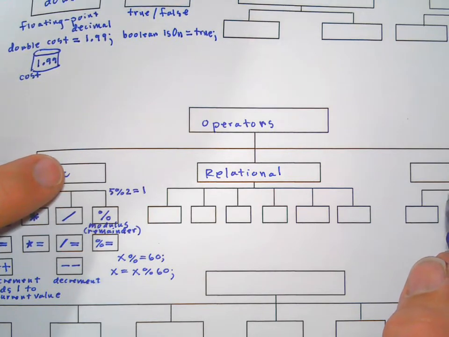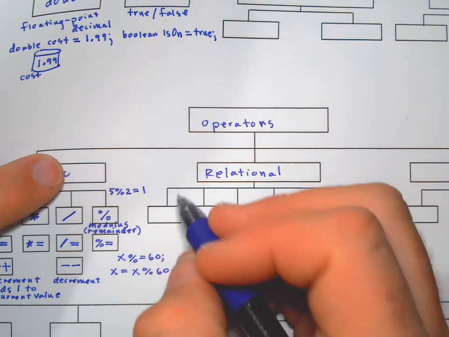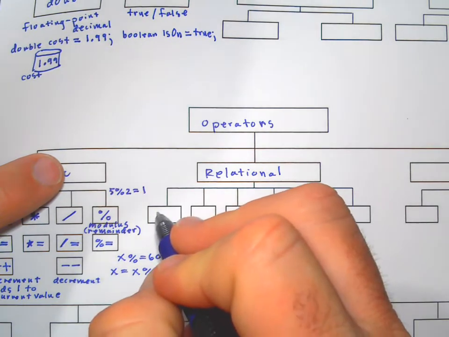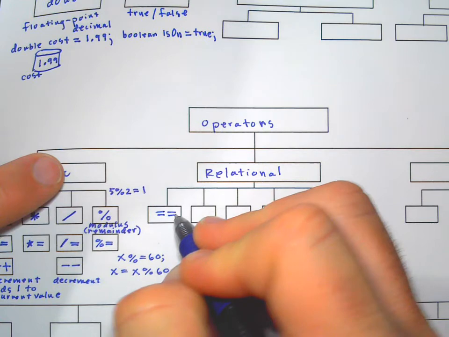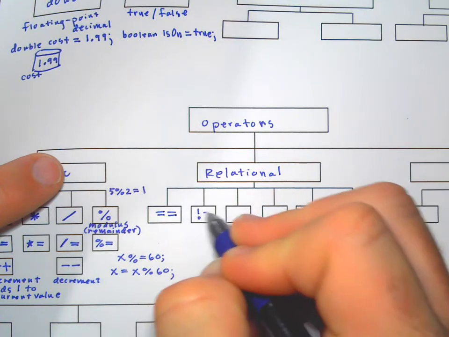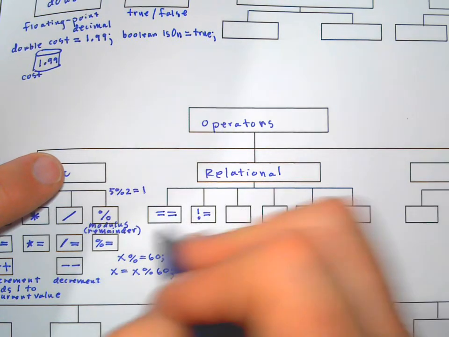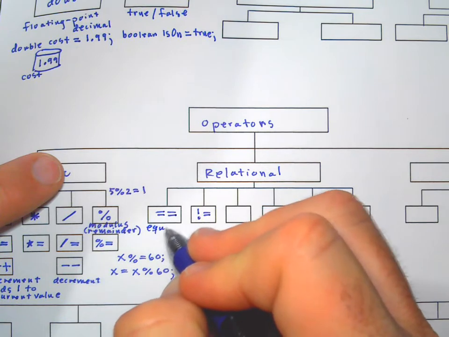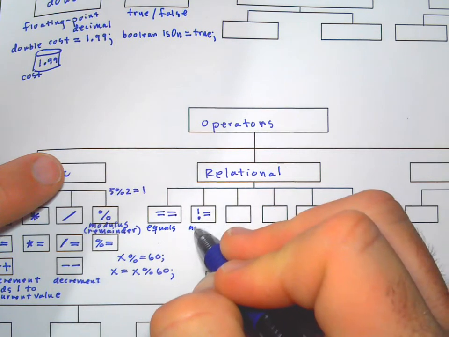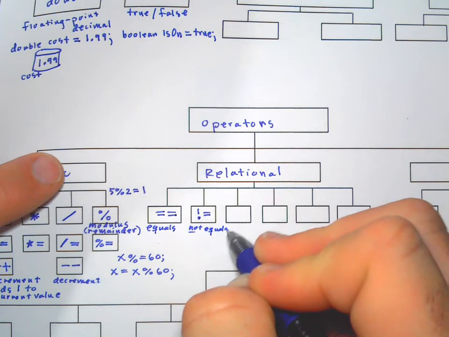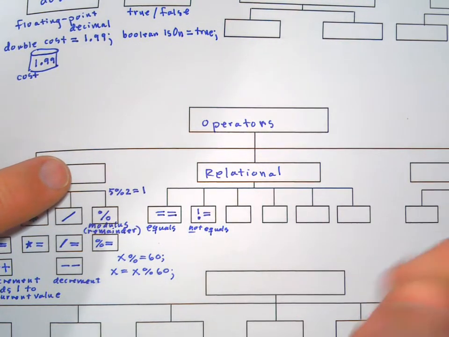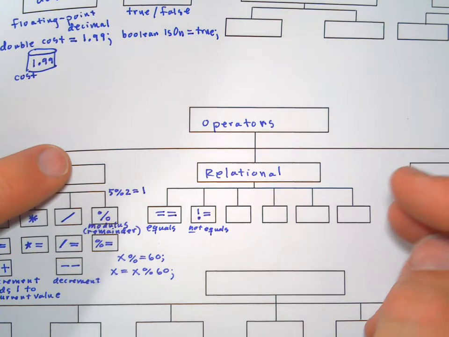Now, if you want to see if two things are the same, equal, with primitives, use equal equals, or use exclamation equals, which means not equal. So this is for equals, and this is for not equals. In general, in Java, if you put exclamation in front of something, relational or Boolean or whatever, it means the opposite.